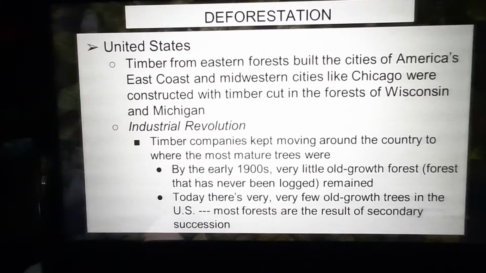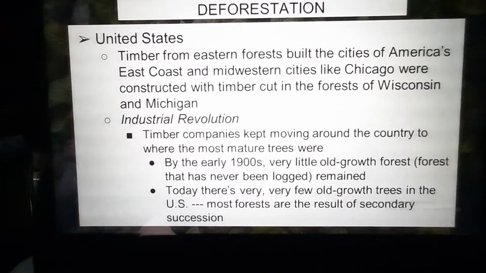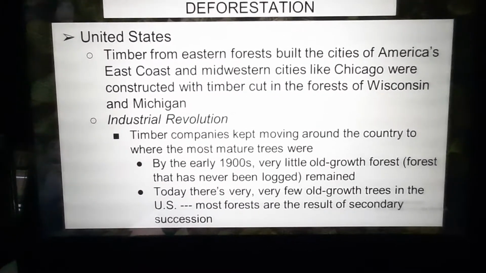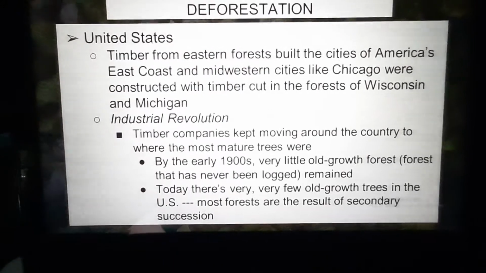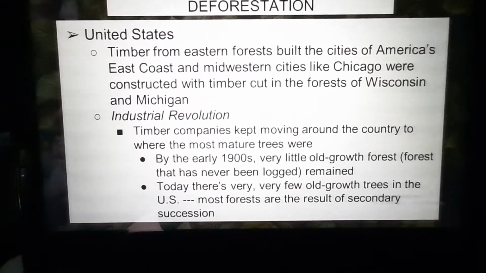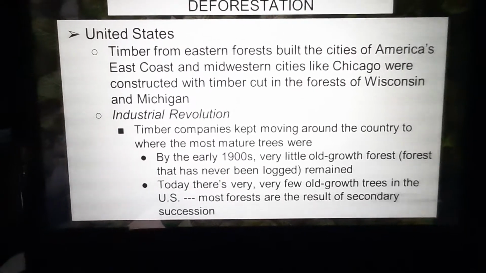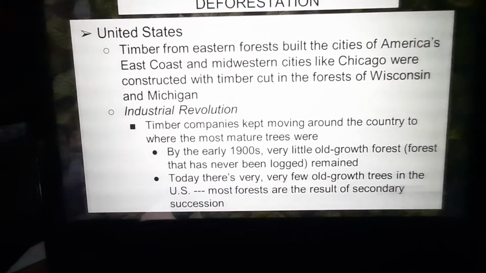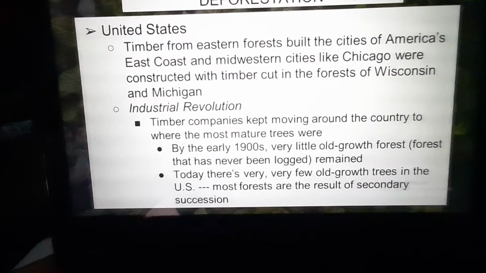During the Industrial Revolution, timber companies just kept moving around the country to where the most mature trees were. They wanted the biggest trees to get the most lumber feet out of them. So by the early 1900s, there was very little old-growth forest that remained in the U.S.